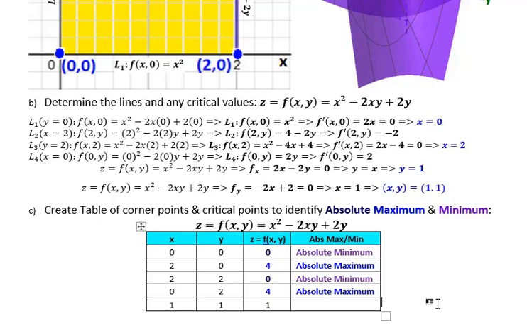And that is the answer. The absolute maximum points are (2, 0, 4) and (0, 2, 4), and the absolute minimum points are (0, 0, 0) and (2, 2, 0).